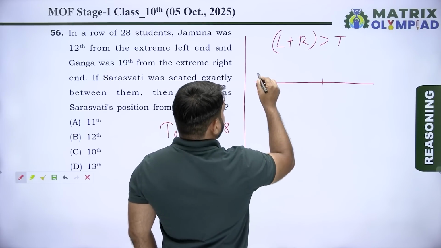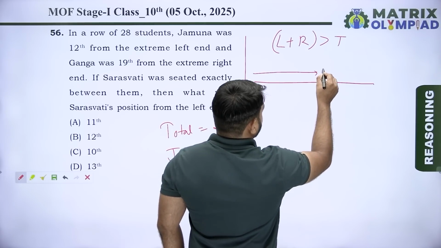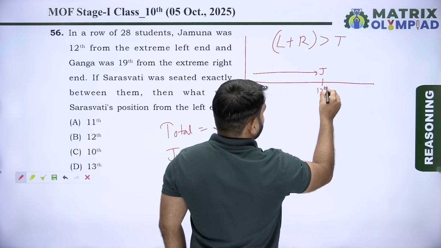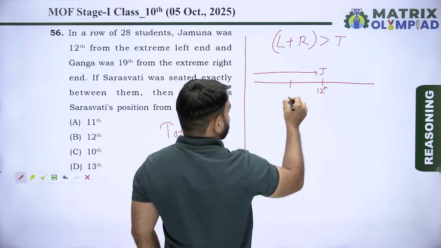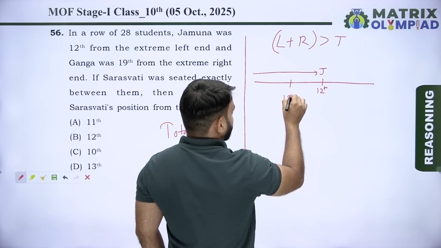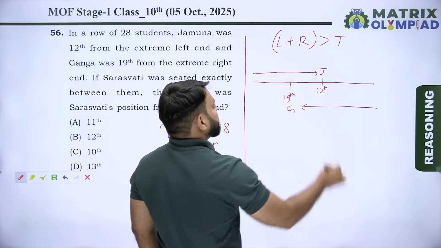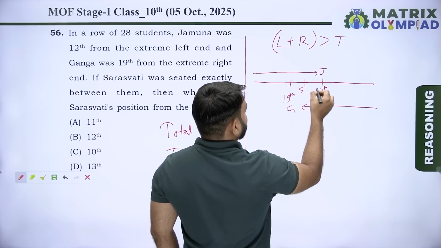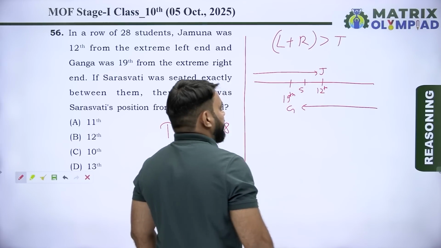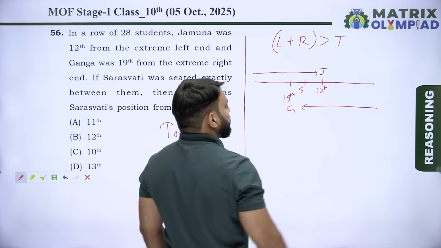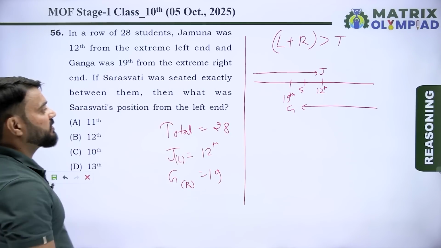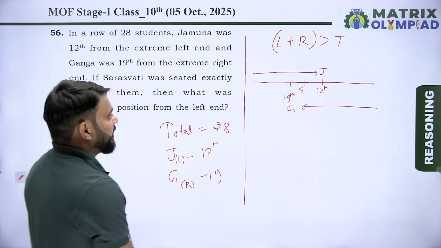It means here Jamuna is 12th from the left and Ganga is 19th from the right, and Saraswati is exactly between Ganga and Jamuna. So here is Saraswati. So find the position of Saraswati from the left end.